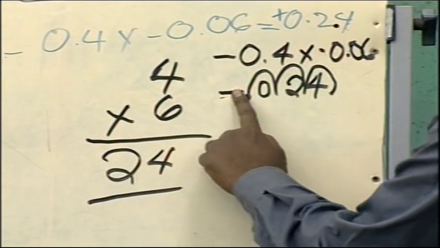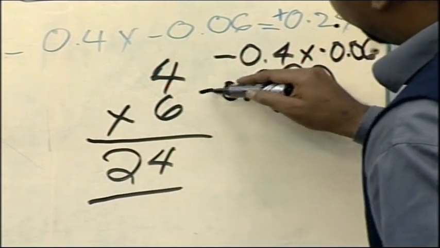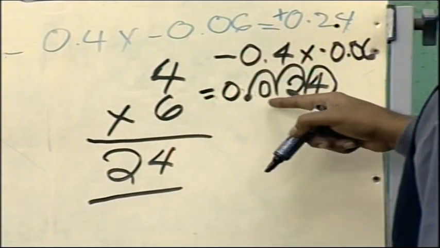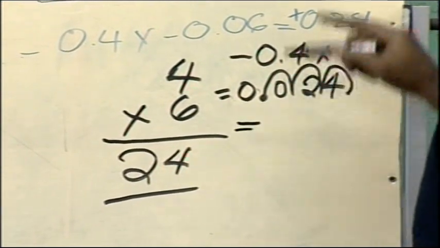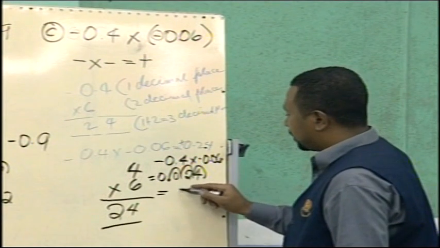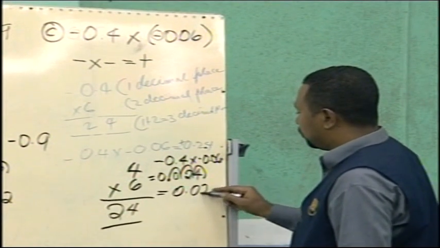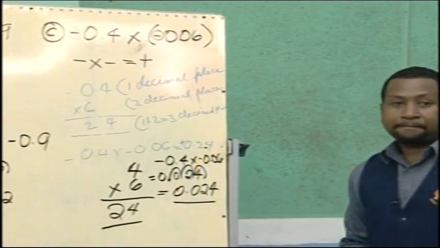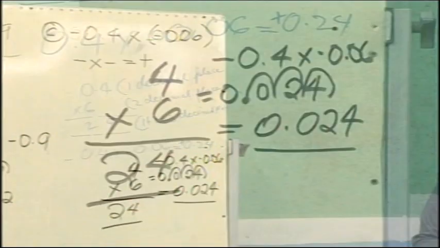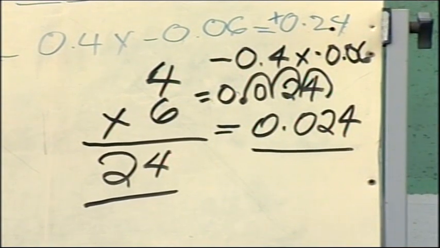So we are going to have 0 in front. So 0.024. So our answer will be positive 0.024. This will be our answer. Is that clear? Okay. That should be our answer.